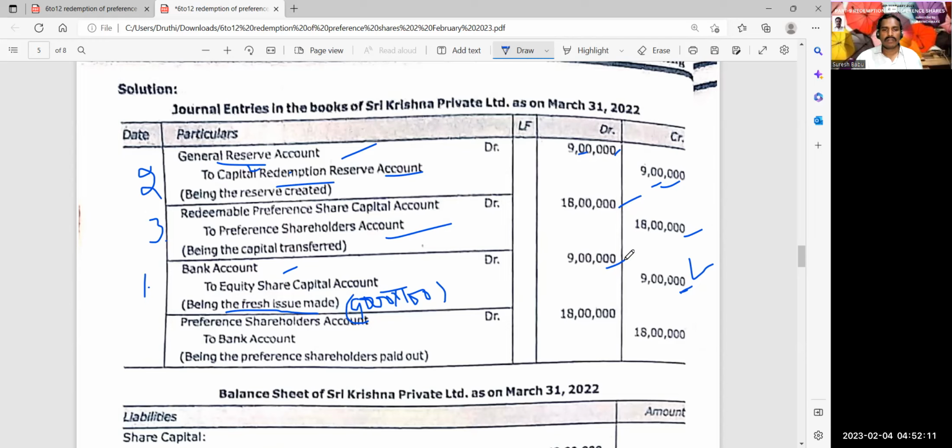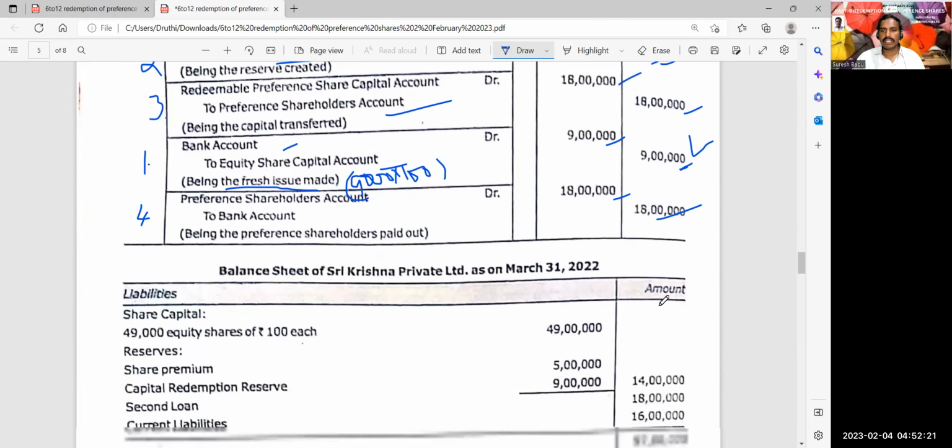Okay. Now, you have 18 lakh rupees. Cash is also with you. Then pay. This is the fourth entry. Preference shareholders account debit to bank account 18 lakhs debit, 18 lakhs credit. Being the preference shareholders paid out, that is redeemed.